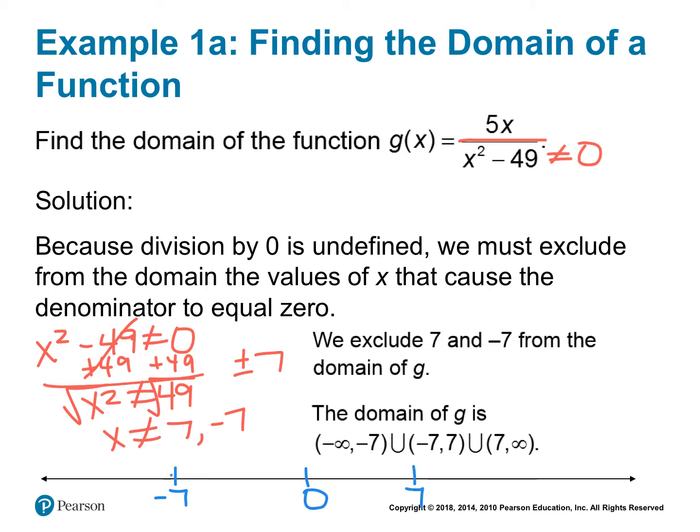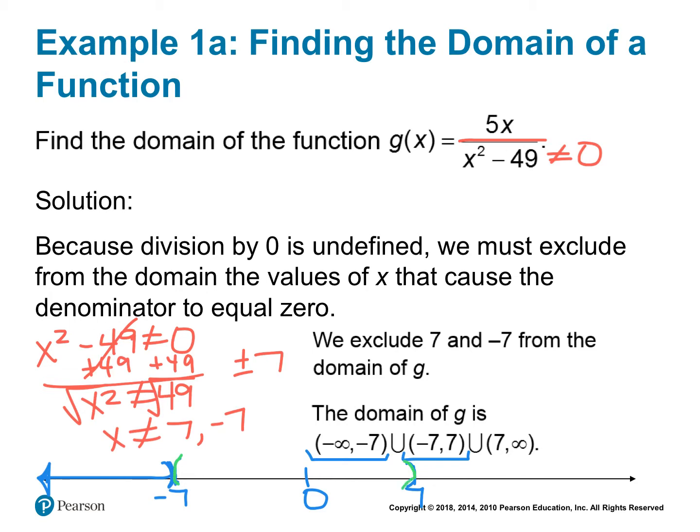Anything below -7 is going to work. So that's where this piece comes in. Anything from -infinity up to -7 is going to work, and then you put a parenthesis there. And then anything between -7 and 7 will work. You just can't include -7 and 7, so I'm going to leave it as a parenthesis. Let me do that in a different color so you can see it a little better.